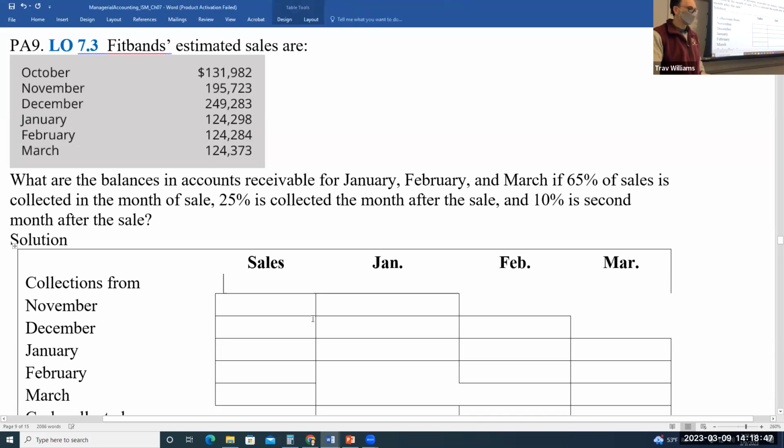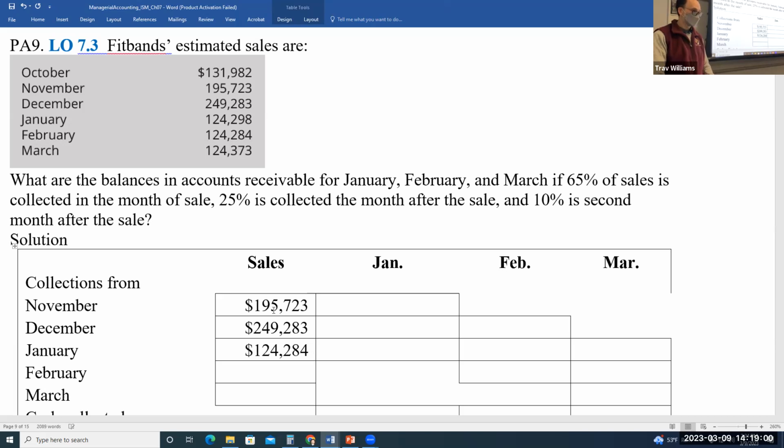We don't have a place for October, so I'm just gonna start with November and put in the sales amounts. Oh, I got that wrong. Boom. Okay. I got that right.